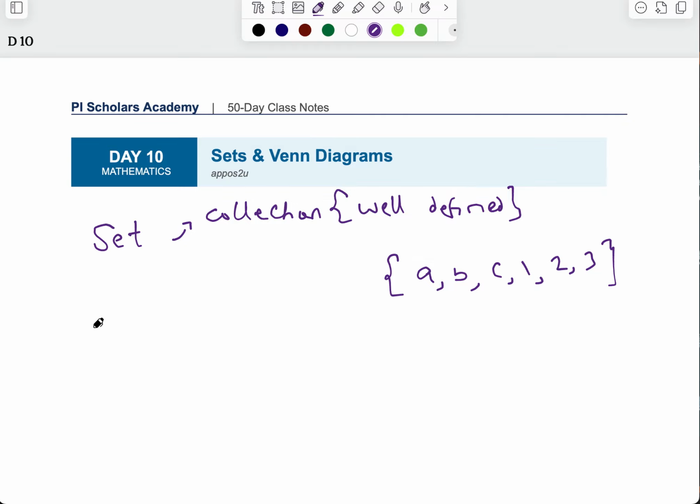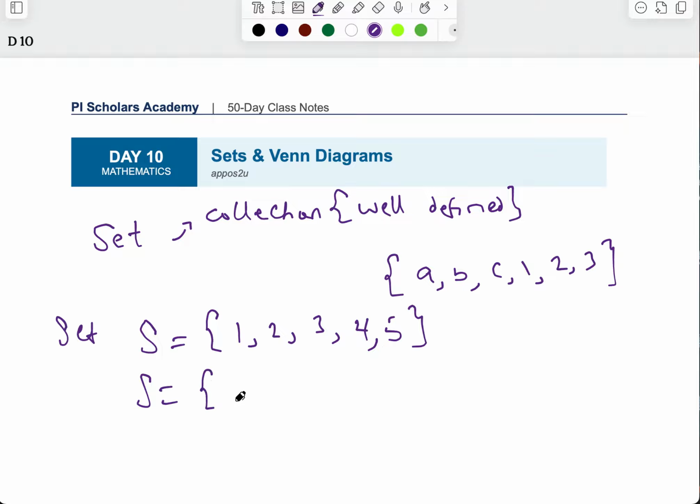So I can define a set, let's say set S, and it contains 1, 2, 3, 4, 5. Now, I can also define another one. I can say S equals 4, 9, 16, 25.